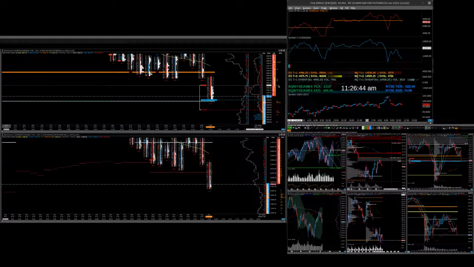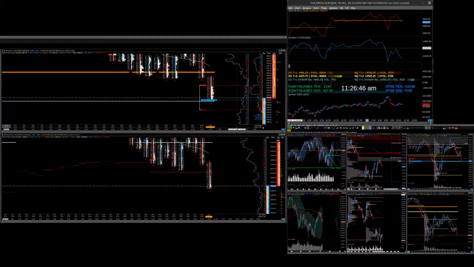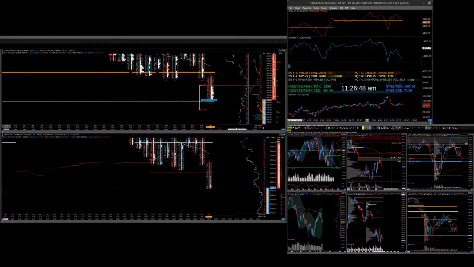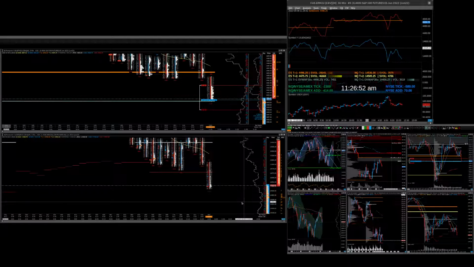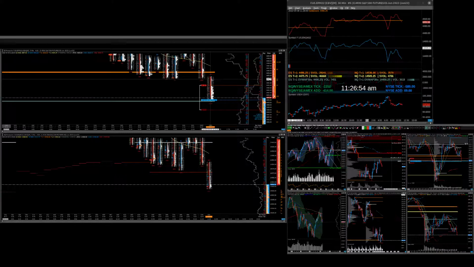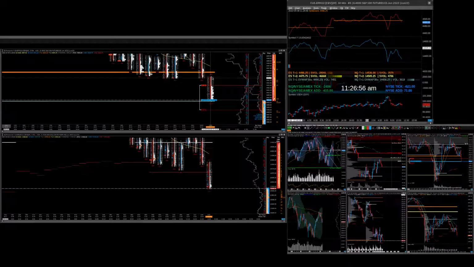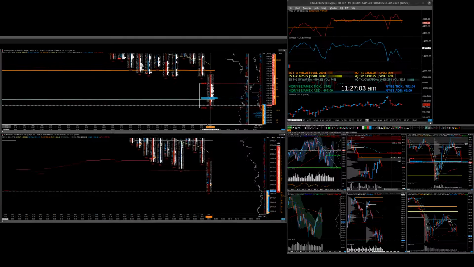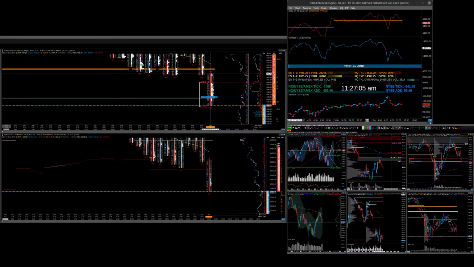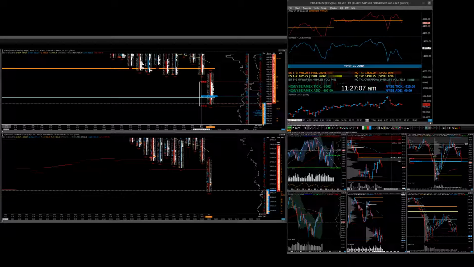See that? This bar also has no wick, meaning they immediately sold this thing down for maximum psychological impact. Just selling it down. So we'll give it another shot.